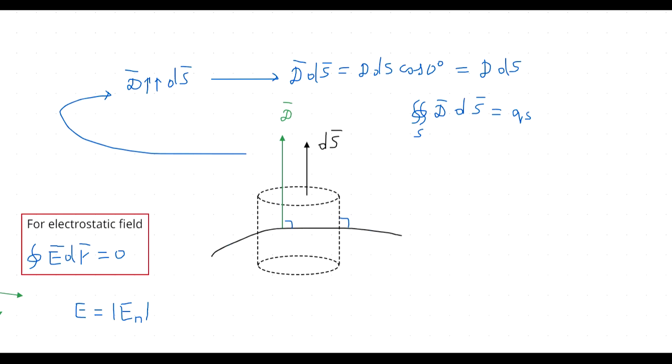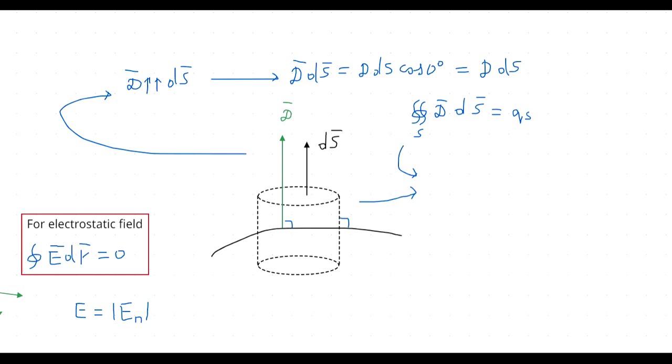It means that if the cylinder is infinitely small, we will not have an integral. We will have only one differential. So for an infinitely small cylinder, according to the picture, we don't have any flux for the cylinder's side surface.